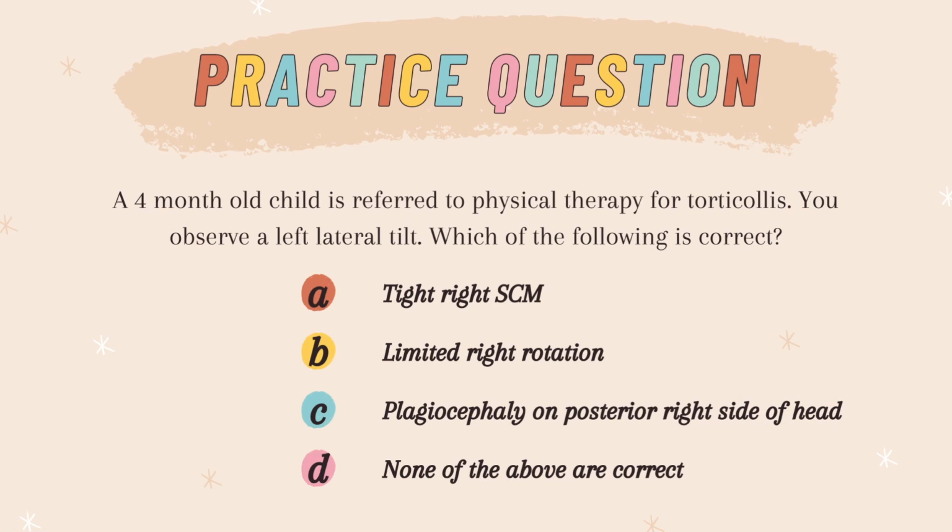Plagiocephaly on the posterior right side of the head. So we said flatness is observed on the side of rotation. So left lateral tilt is right rotation, so that does match up. Since they're rotated to the right, they will have posterior flattening on the right side of their head. So C is the correct answer.